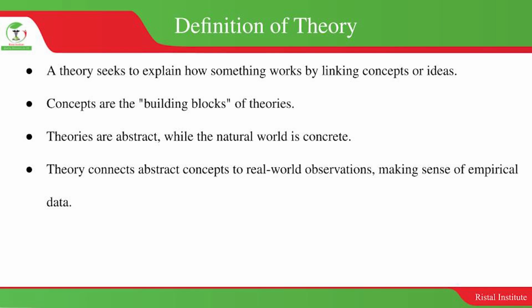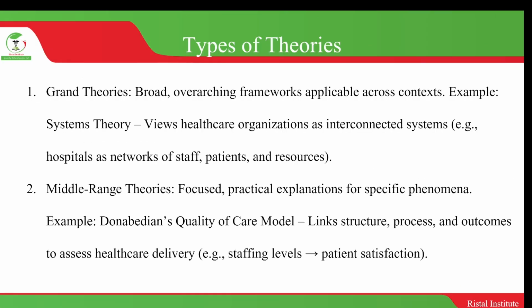So the theories that we use in research can be categorized into three. Grand theories. Something grand is something that is broad. It is not very specific. That means that it talks about something that can be applied to a wider range of fields or frameworks. For example, here, the systems theory.